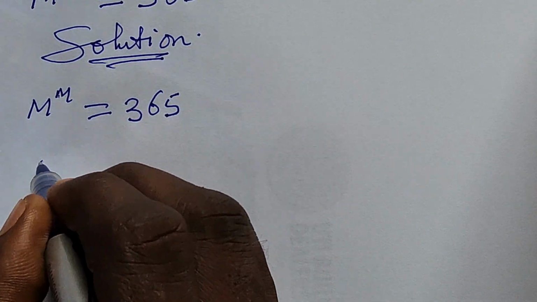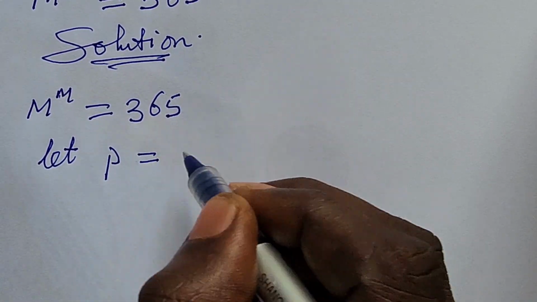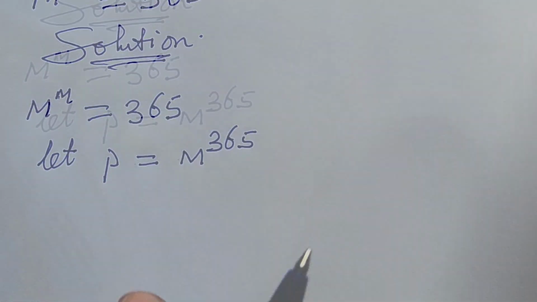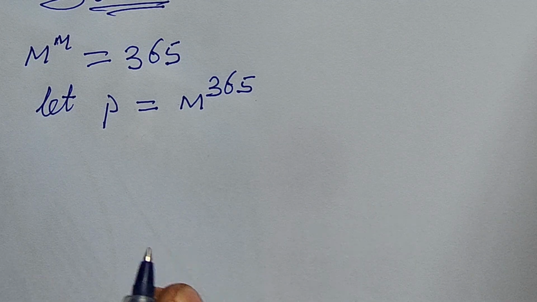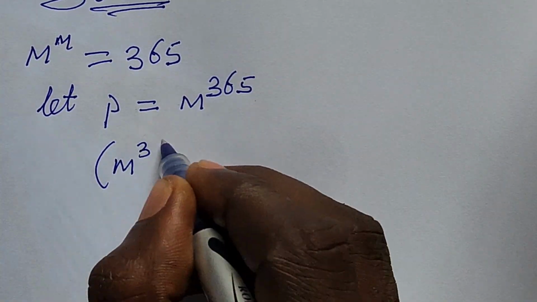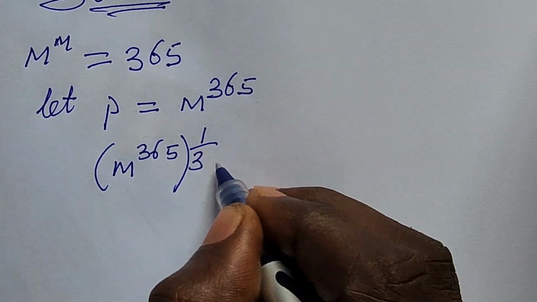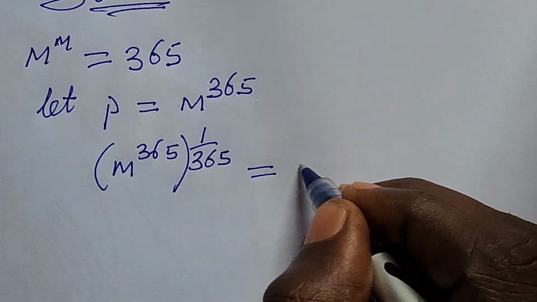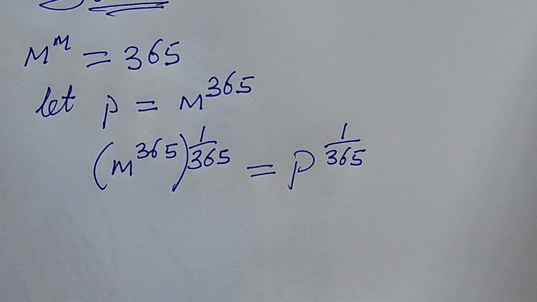Look at what I want to do here. Let p be equal to m to the power of 365. So if p is equal to this, then for us to get m, this will now give us (m to the power of 365) to the power of 1 over 365, which is equal to p to the power of 1 over 365 also, right?